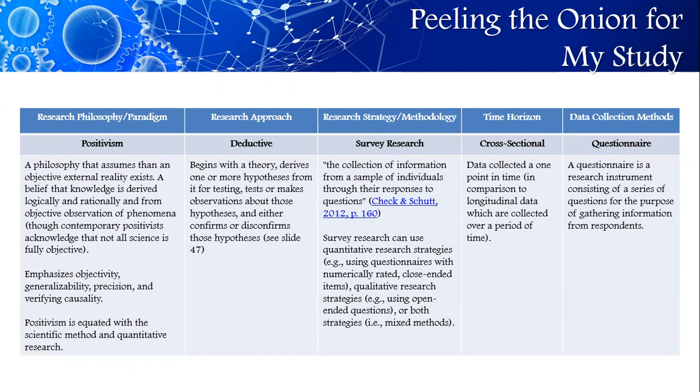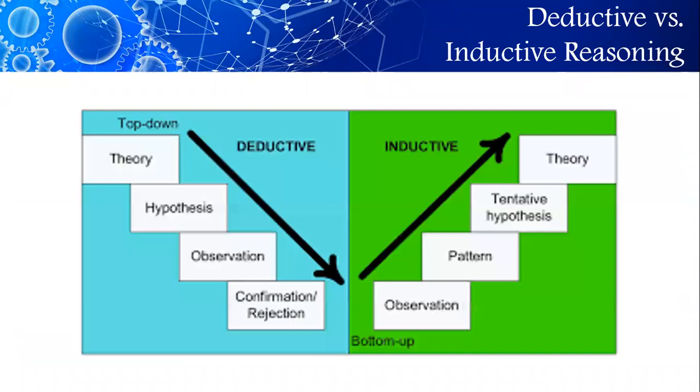And so if we think about it, as I said, as an onion, we can break down the various studies that we may come across to really understand all of the various different thought processes, assumptions, and ideologies that underlie them. And so here's a diagram that helps you to understand the difference between deductive and inductive reasoning. And I'll allow you to look over this in your own time as well.